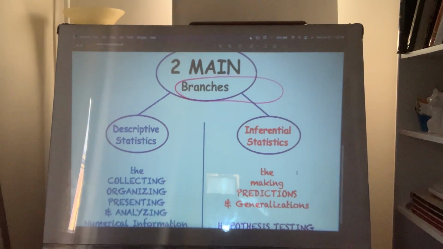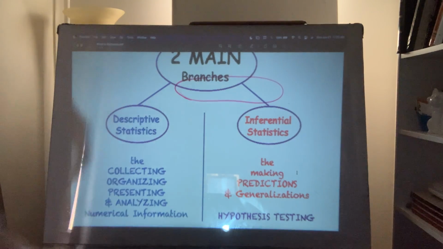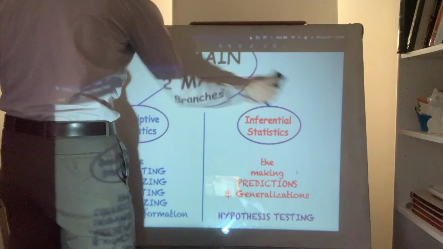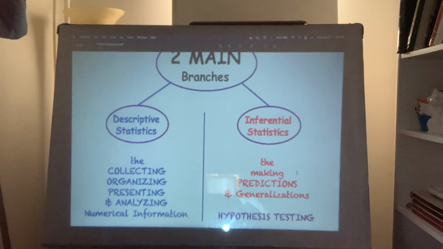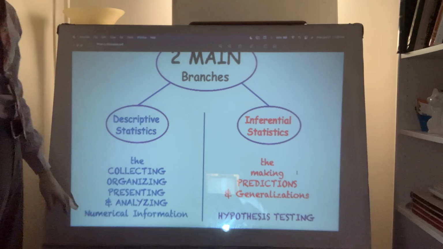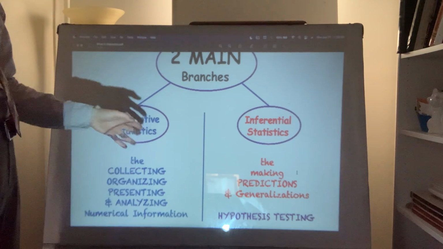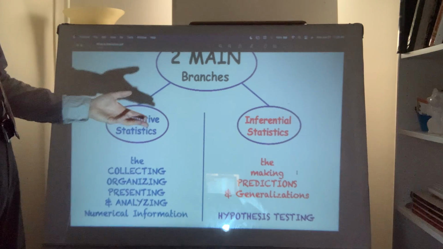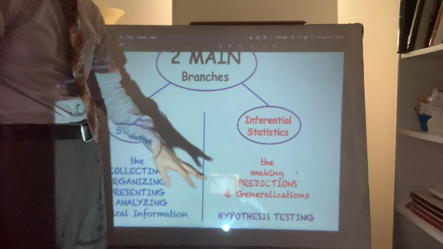There is what is referred to as descriptive statistics and inferential statistics. Descriptive statistics is the actual collected, organized, presented, analyzed numerical information. Inferential statistics is the predicting portion of this, the making predictions and generalizations.